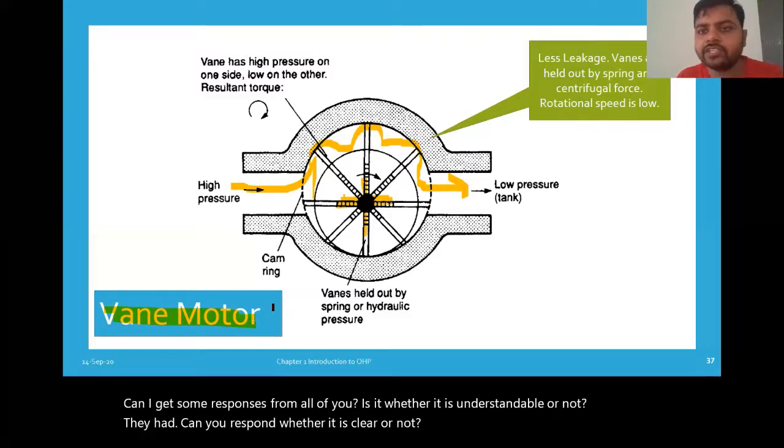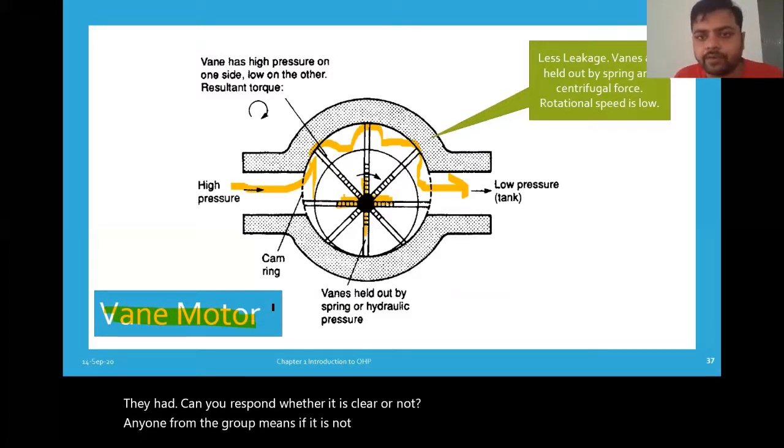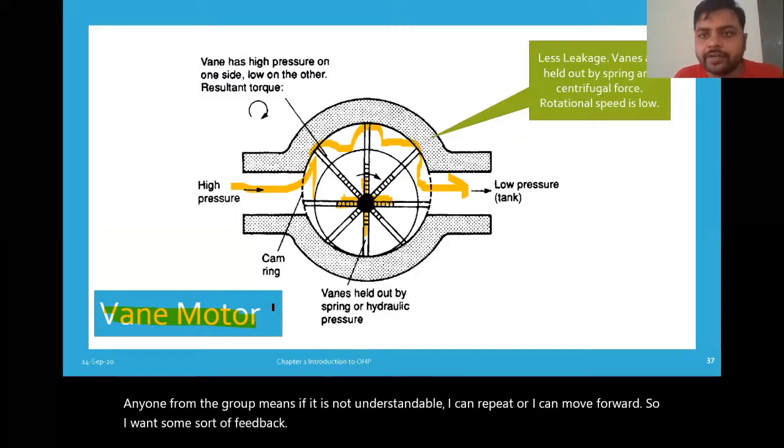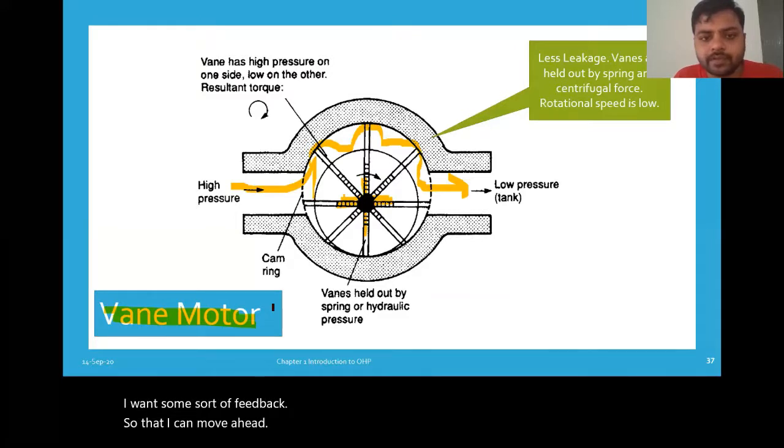If it is not understandable, I can repeat or I can move forward. So I want some sort of feedback so that I can move ahead. Hardik, is it clear? Good, good, thank you. So I am moving ahead.